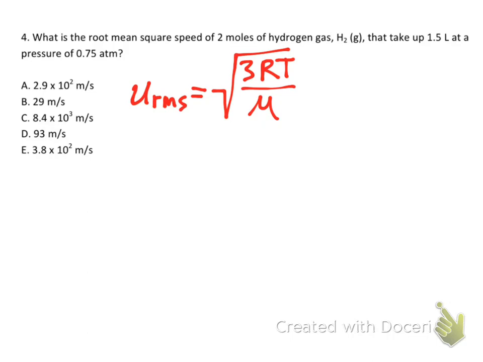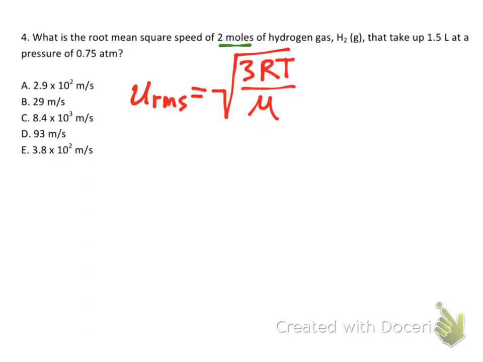So 3 is a constant, we have that. R is a constant, we have that. The molar mass of hydrogen we can figure out by looking at the periodic table. It's the temperature here that is the unknown. So we need to first figure out the temperature before we can proceed using this equation. And I don't mean to alarm you, but if we look at what we're given here, we have moles, cool.